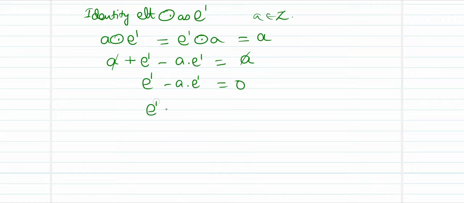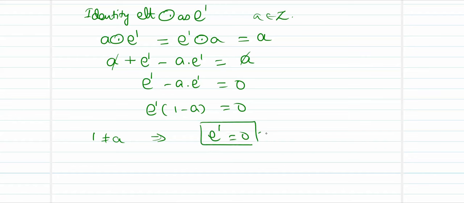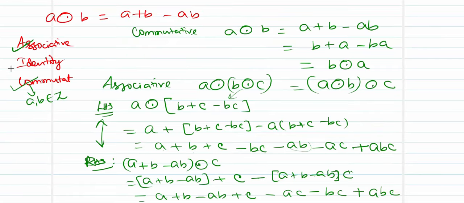Take E dash common outside: E dash times (1 minus A) equal to 0. 1 is not equal to A, in which case E dash equals 0. So this E dash is going to be my identity element with respect to dot circle. So I have proven that the identity element also exists for this case.